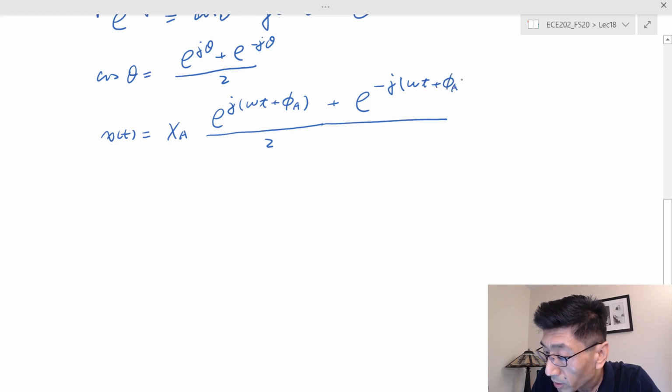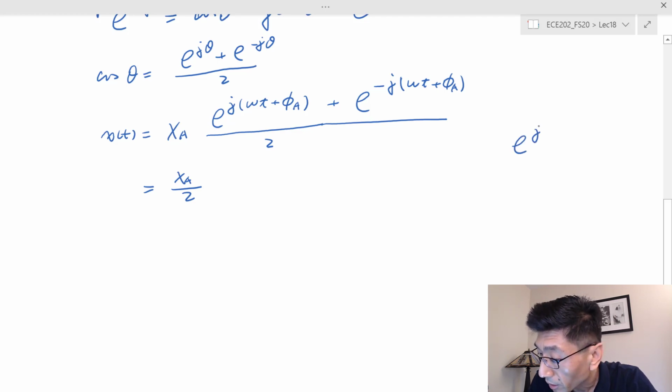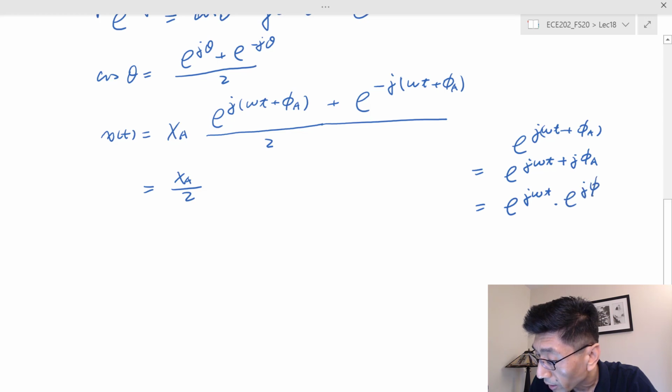And therefore, we have a half X_a times... I'm going to multiply this out, because e^(j(ωt + φ_a)) is equal to e^(jωt + jφ_a). So therefore, this equals e^(jωt) times e^(jφ_a).